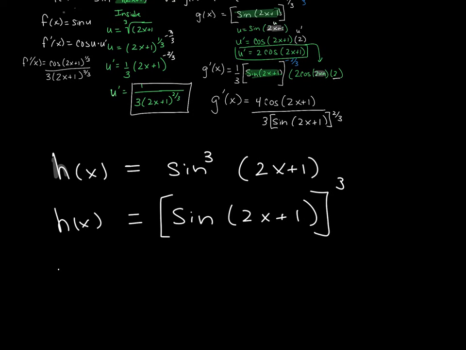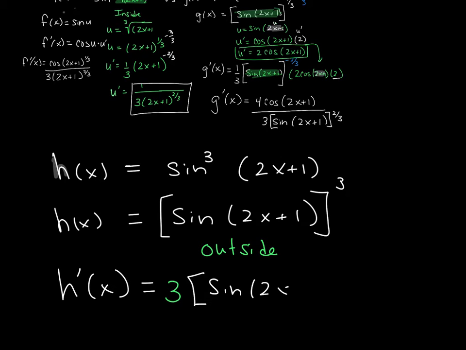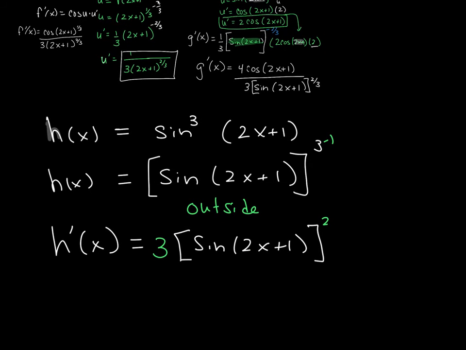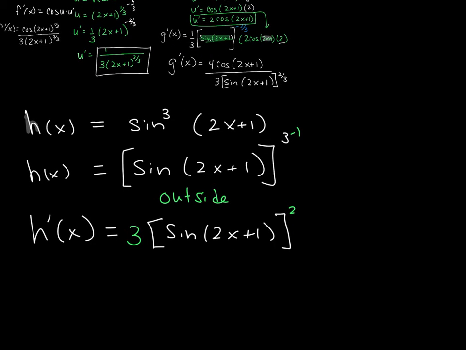So to do this in one step, to find the first derivative, first thing I do is take the derivative of the outside, which is 3. Everything on the inside stays the same, so that is the sine of 2x plus 1. My new exponent there is 2, and that's because it was 3 minus 1 using the power rule. Now I take the derivative of the inside.